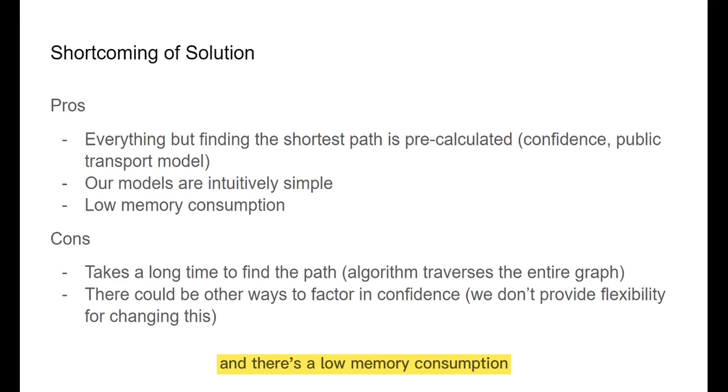And there's low memory consumption. If you take a look at the Spark clusters from some of the other groups, some of the clusters were taking like 60% of the overall memory, and our solution does not do that.